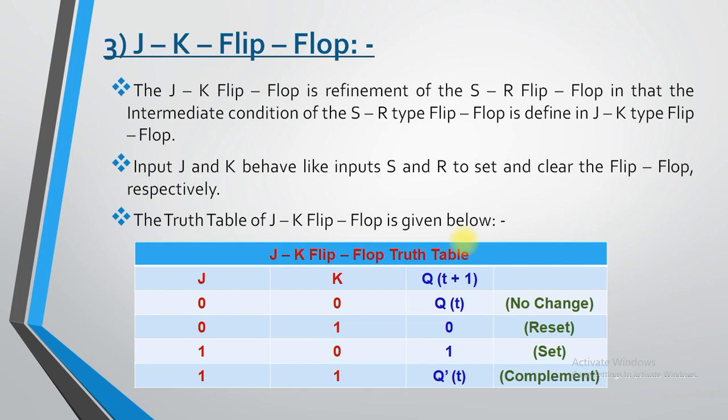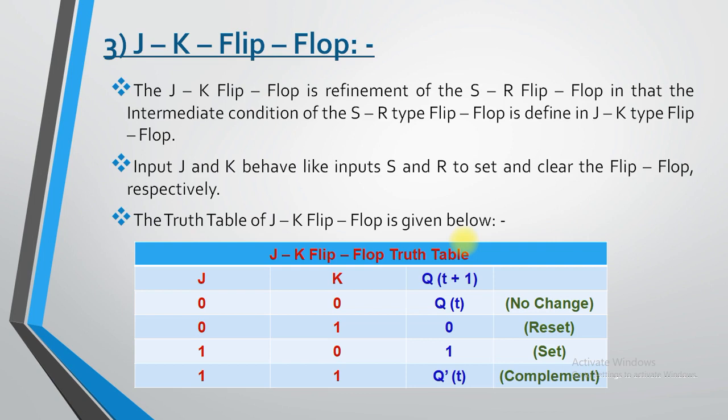In the last condition, that means if the value of S equals 1 and the value of R equals 1, an intermediate state occurs. That means you cannot judge the next value. That is the limitation of the SR flip flop only.